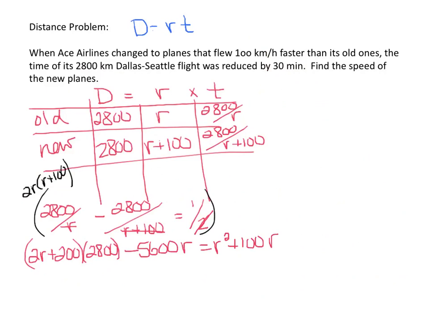When I simplify, these cancel, and I'll do the next thing in 2 steps in one. I'm going to move this over, and I will rewrite it all with my quadratic on the left.